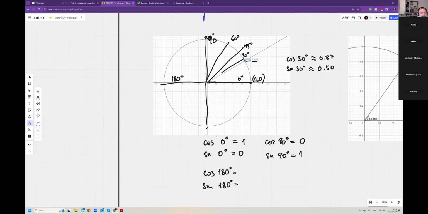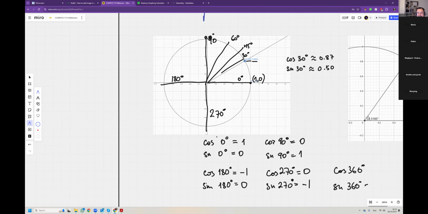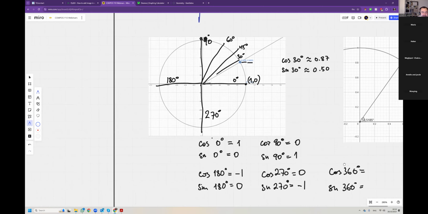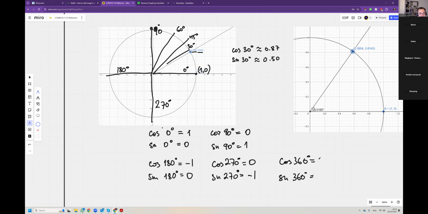Minus 1. And sine 180 is going to be 0. Now cos 270 and sine 270. Cos 270 is 0, sine 270 is minus 1, of course. And then you can do cos 360 and sine 360. You can check all of these values on a calculator. Cos 360 is 1 and sine 360 is 0.